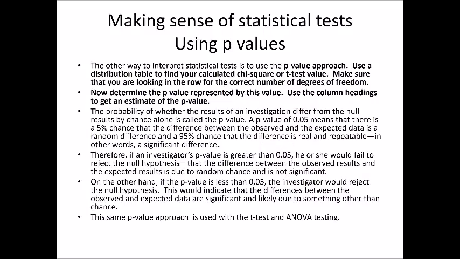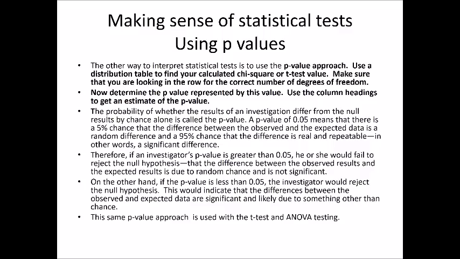The other way to make sense of these statistical tests is by using a p-value or a probability value. Here we're going to use a distribution table to find our calculated chi-square or t-test value. We're going to make sure that we look in the row for the correct number of degrees of freedom. And then we're going to use that cell and evaluate the column above it to estimate a p-value.